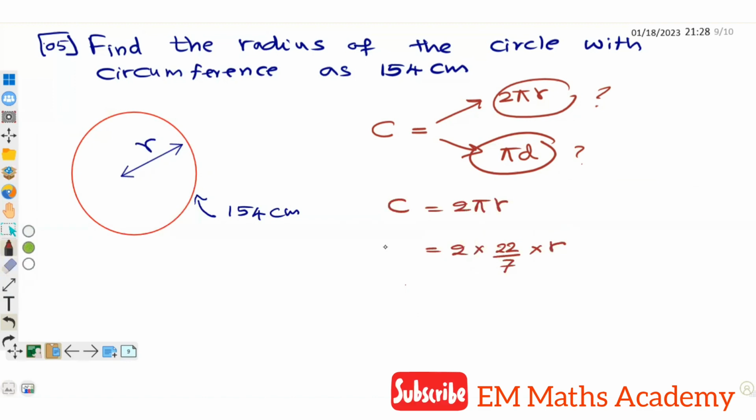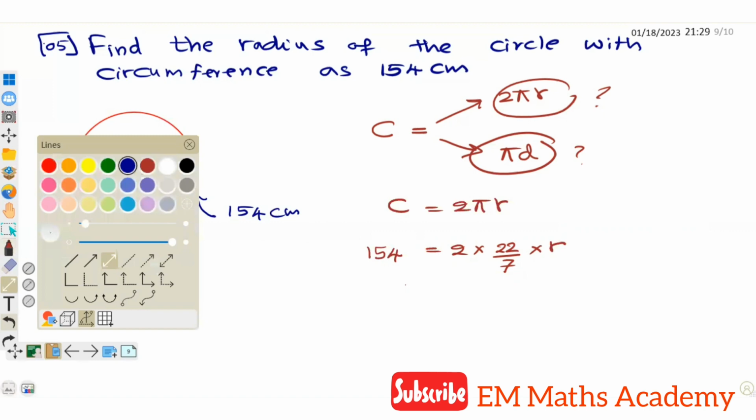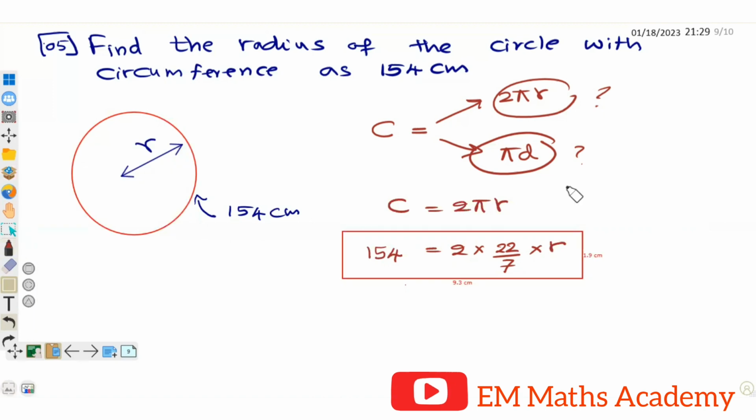The circumference is 154. Now when you simplify this kind of expression, our aim is to find the radius. This is very important. Take all the denominator values to the numerator on the other side.